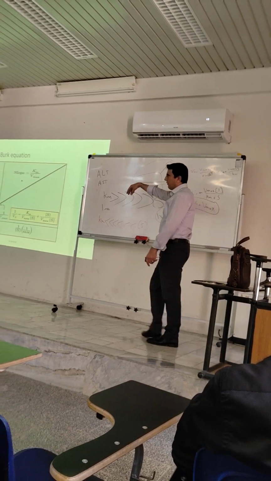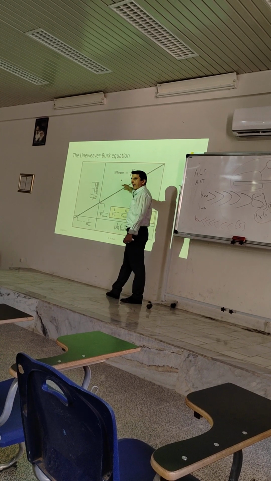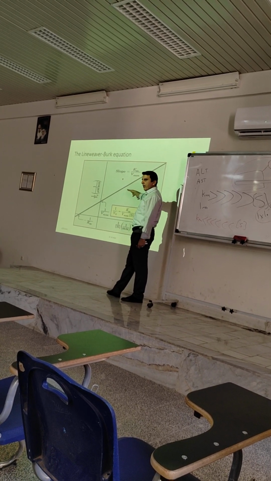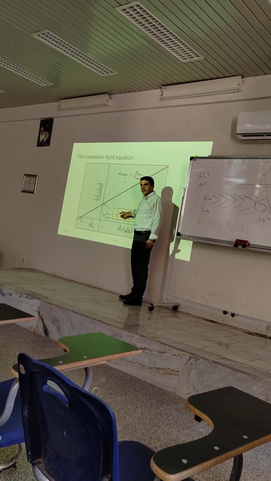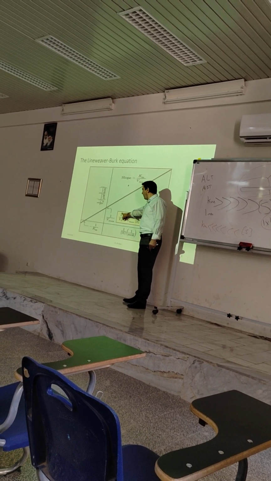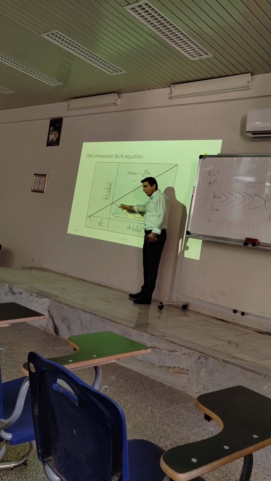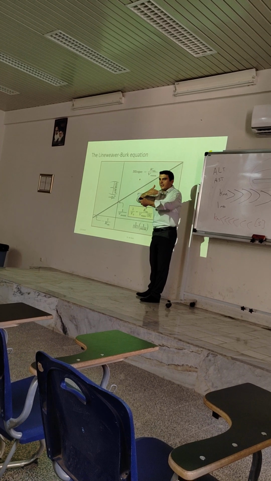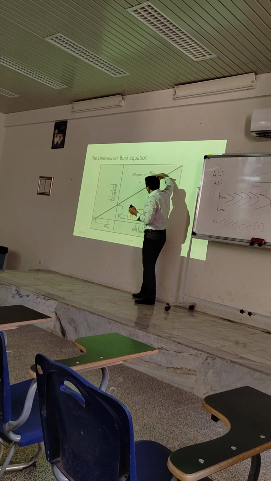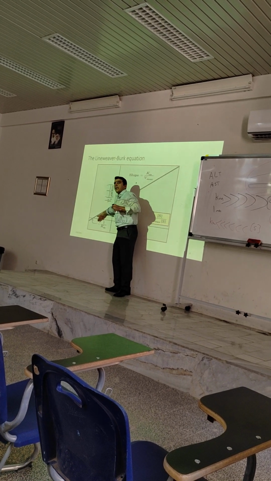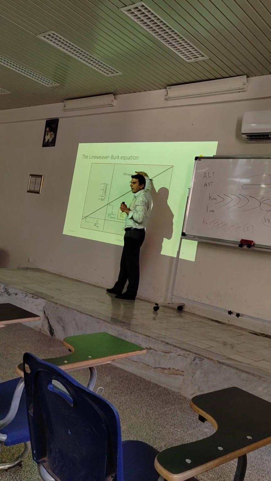Two other scientists, Lineweaver and Burk, changed the equation. They just reversed the Michaelis-Menten equation, so they have a linear curve. They changed the curve to a linear plot.